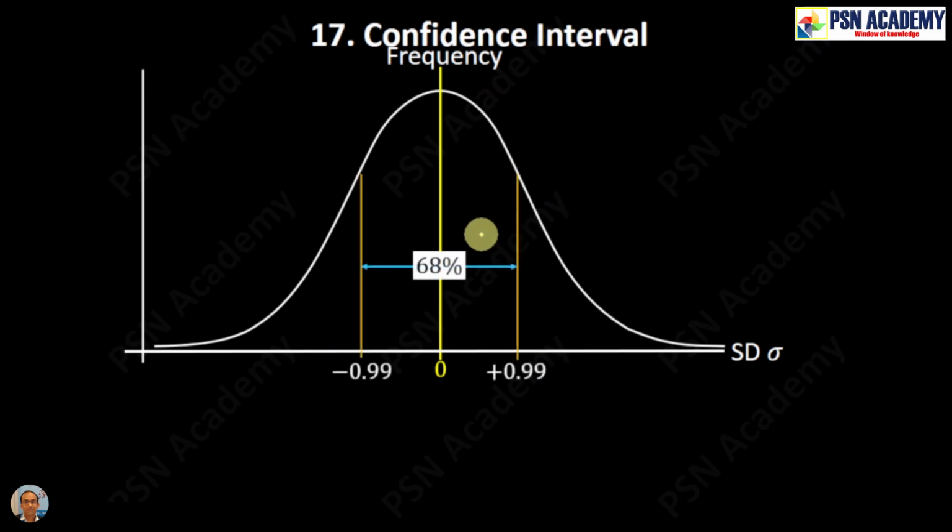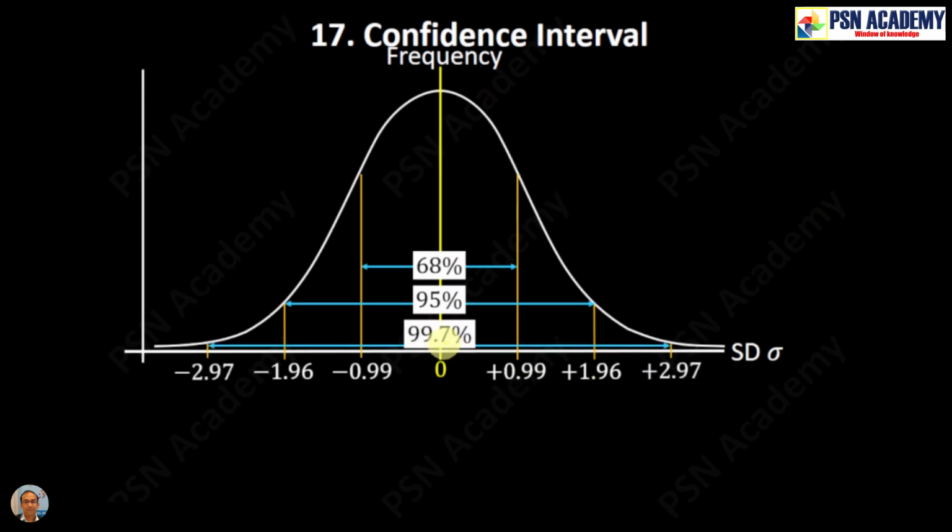In that case, we are confident that 68% of the data will lie in this region between minus 0.99 SD and plus 0.99 SD. We are also sure that 95% of the data will lie between minus 1.96 SD and plus 1.96 SD.